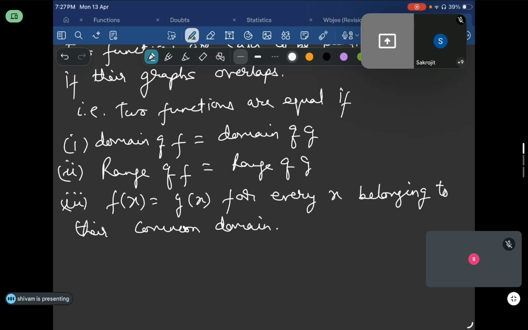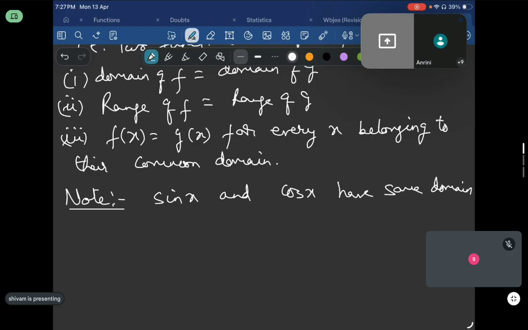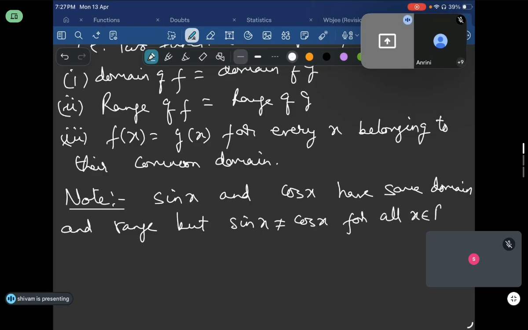Okay. Note, what do you think, people? Sin x and cos x, are they equal functions? Their domain is the same. Their range is the same. Are they equal functions? No, sir. They have the same domain and range, but sin x is not equal to cos x for all x belonging to R. Simply not possible.